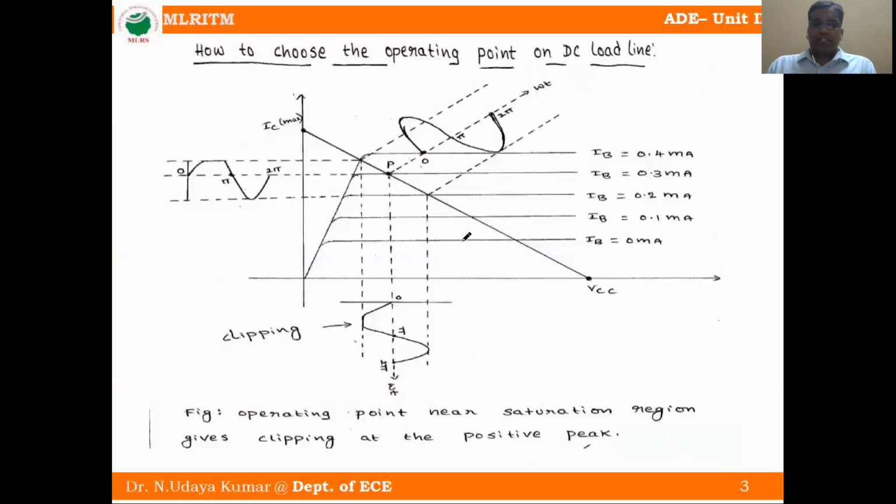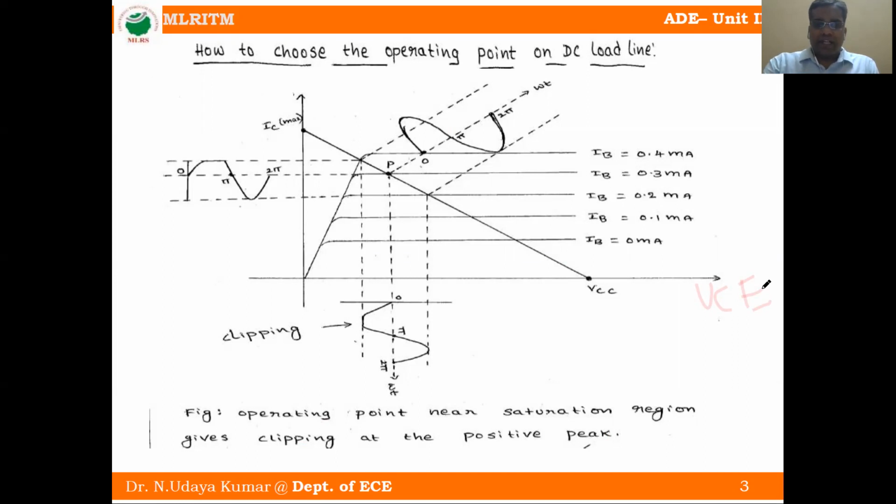Before going to stabilization, let us see how to choose an operating point on your DC load line. This is the output characteristics, VCE versus IC, for a CE amplifier.